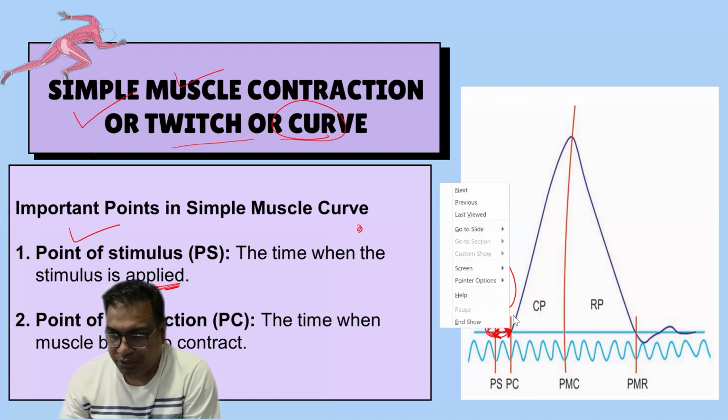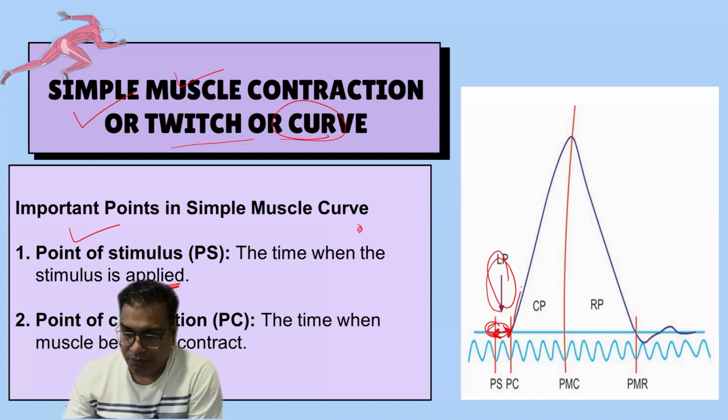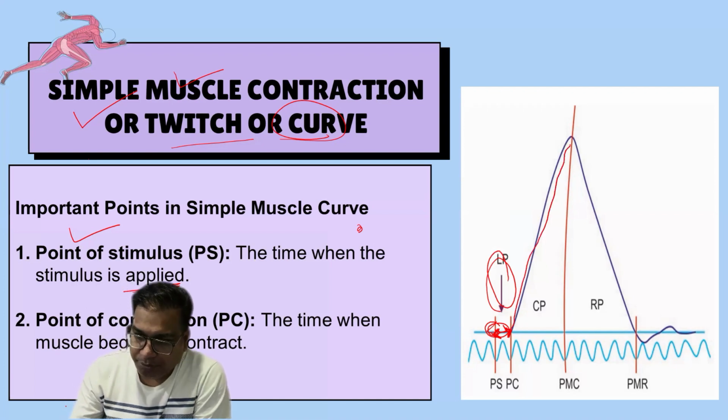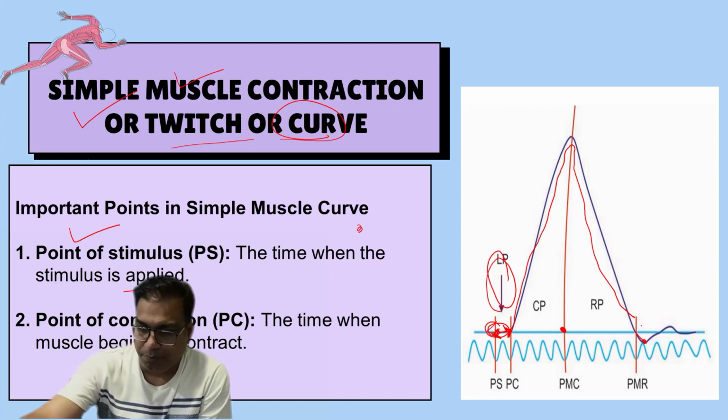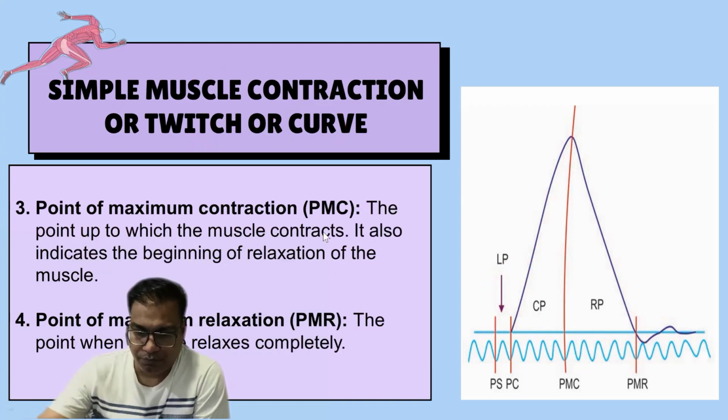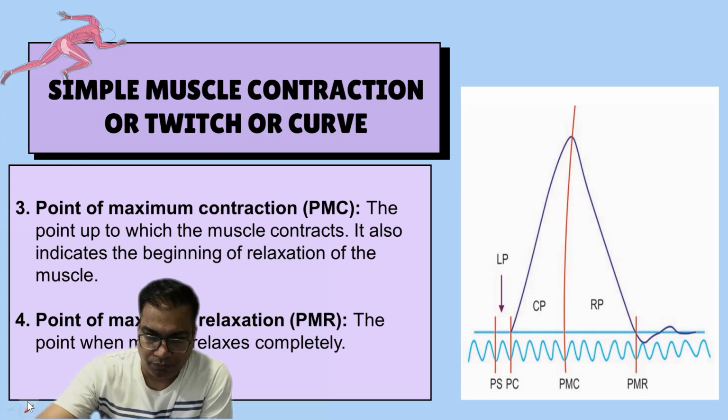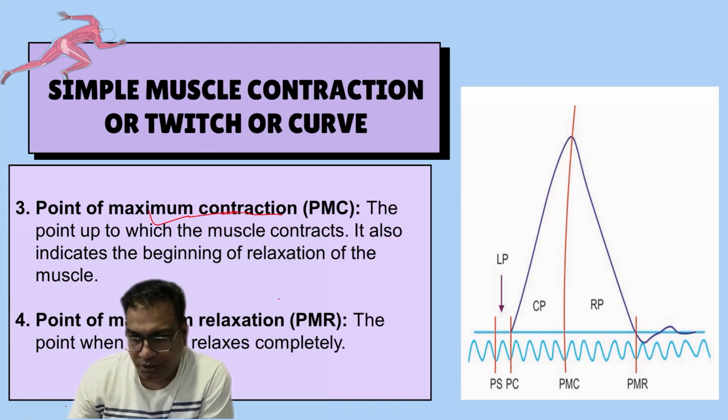From point of contraction, this is the contraction period, and this is the relaxation period. This is the point of maximum contraction, and this is the point of maximum relaxation.